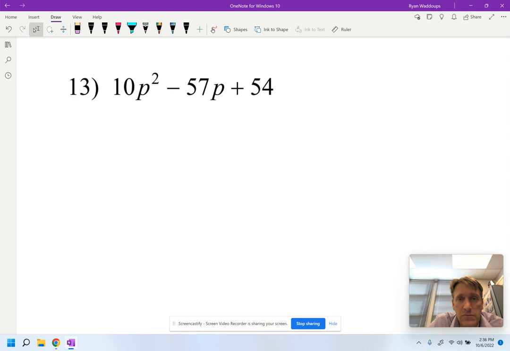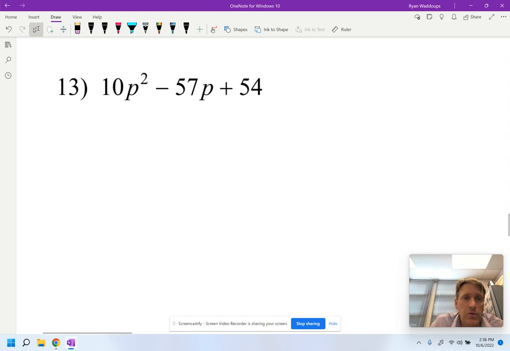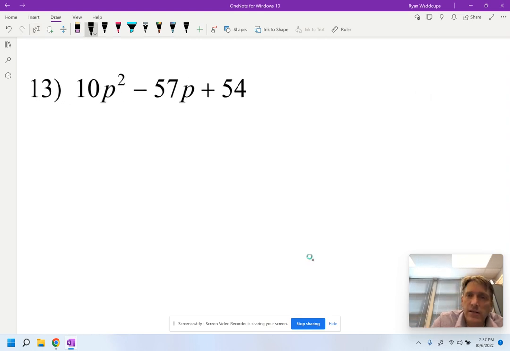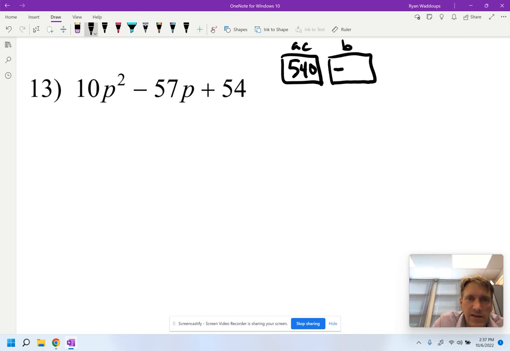So there's no GCF. So what we're going to do then is just take 54 times 10, which is 540, and that is our AC. And our B is negative 57. So both numbers are going to be negative.